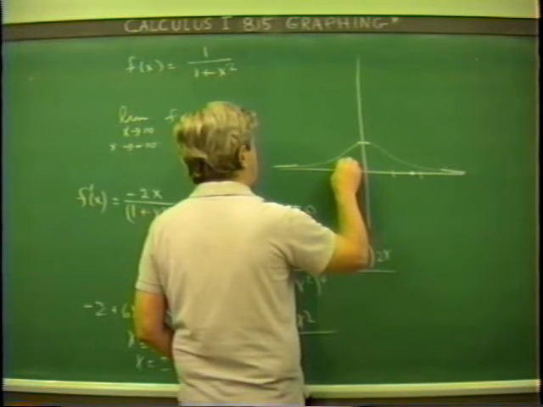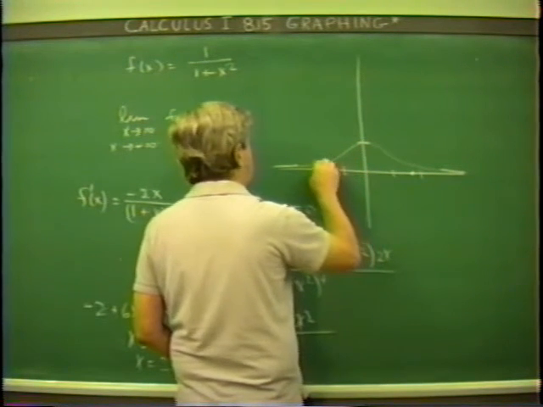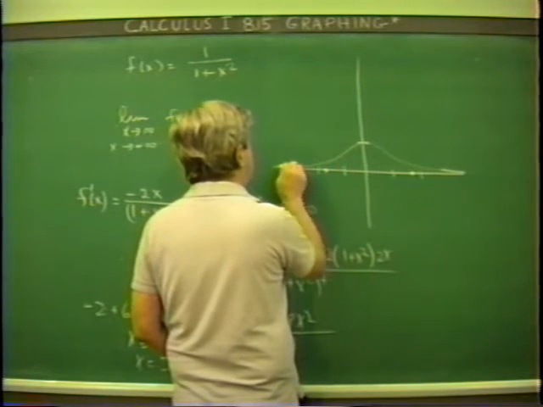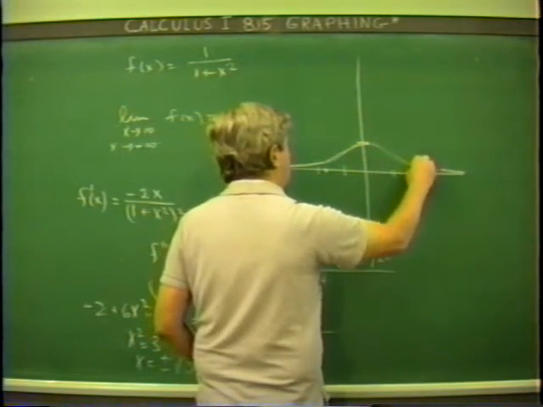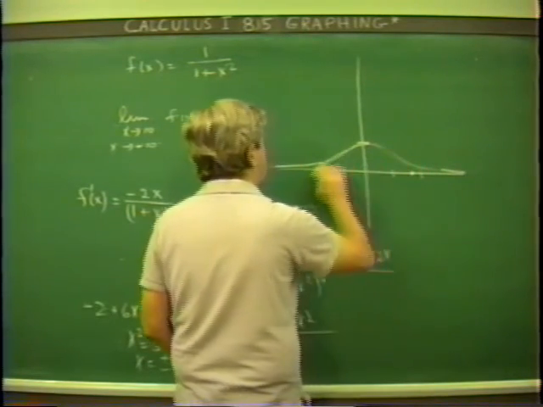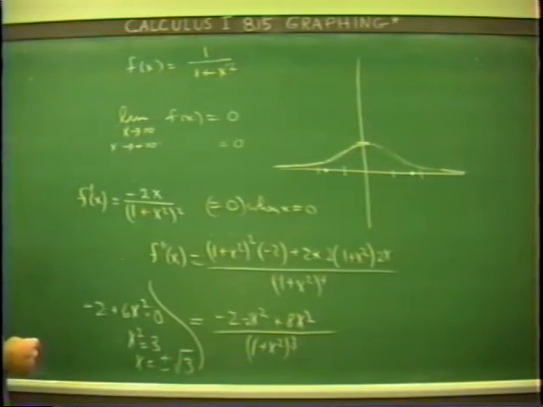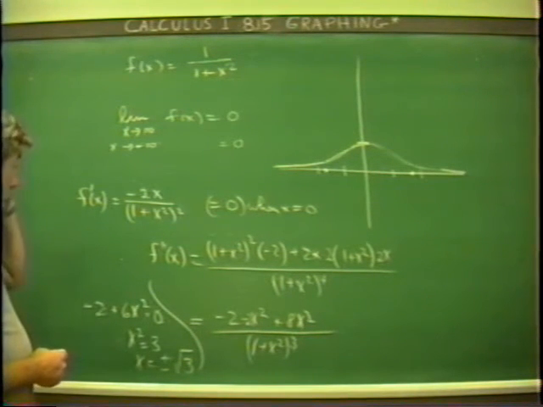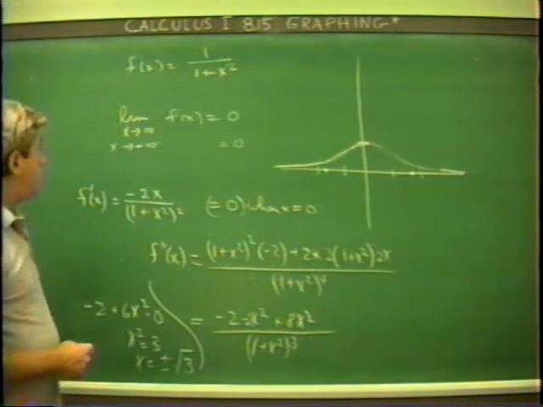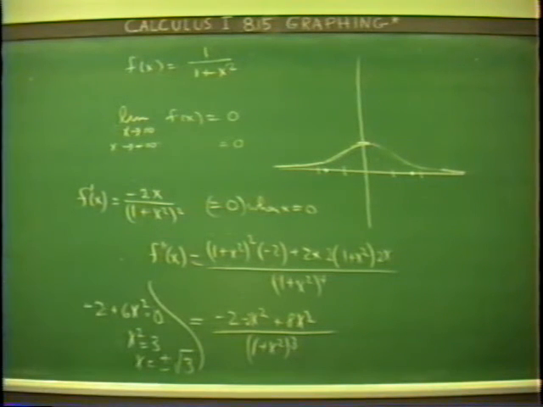So at plus or minus the square root of 3, there's going to be an inflection point. And so the function is going to be concave up here, concave down, and then concave up. Okay, so there's that function.